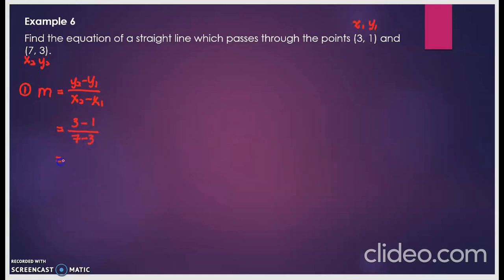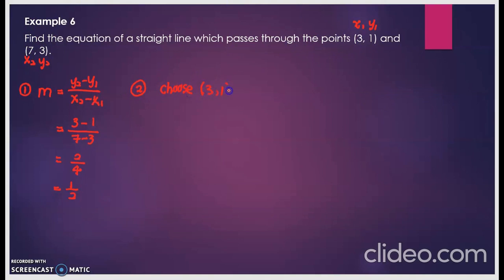So here will become 2 over 4, which is equal to 1 over 2. So now we already have the gradient. Next, we will choose either the first point or the second point. So let's say I choose the first point. You can choose the second point.